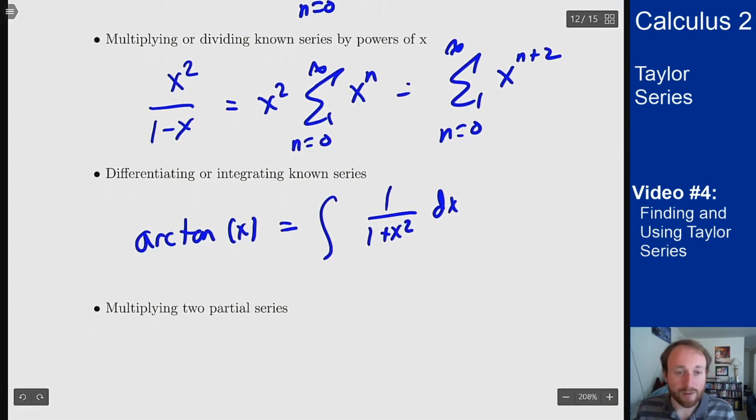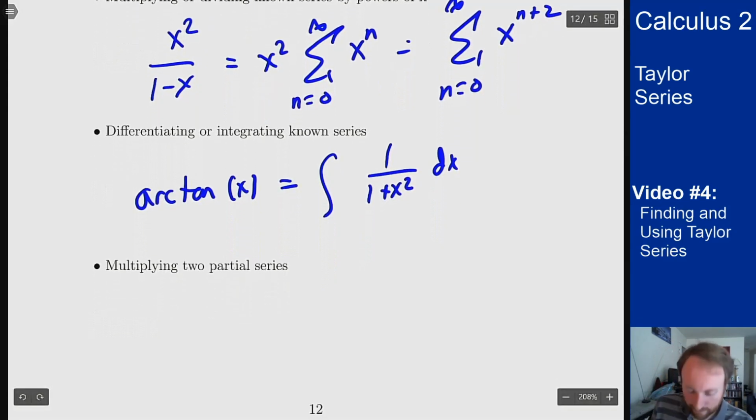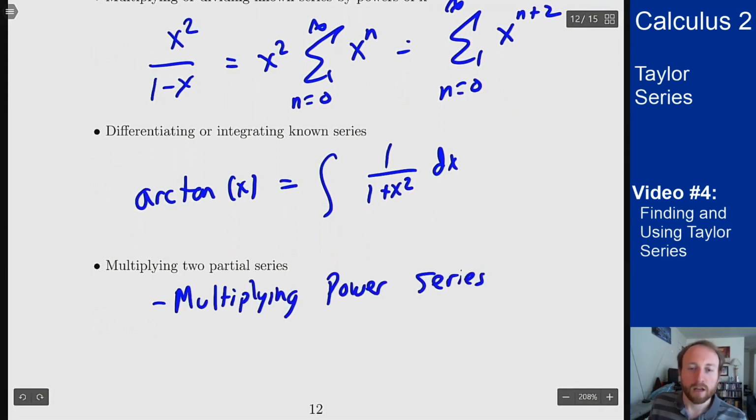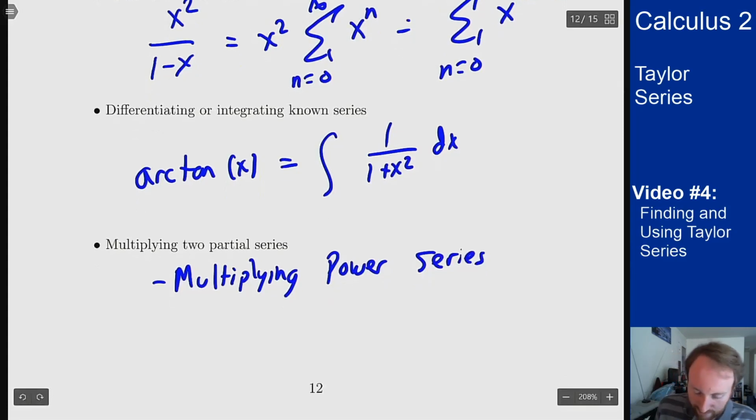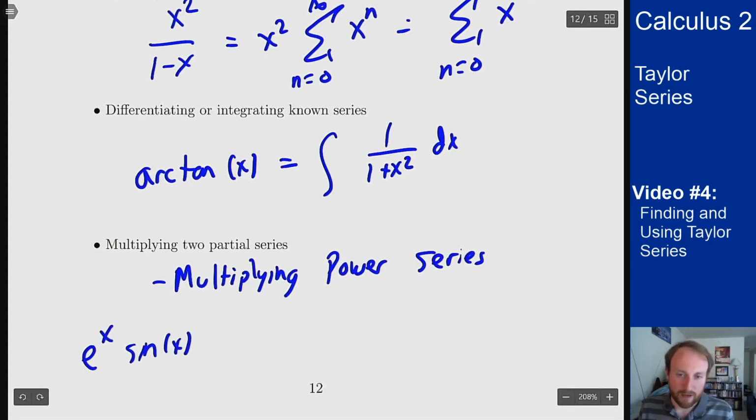We can also get series by multiplying two partial series. This is the idea of multiplying power series from before, but for instance, you can get the first couple terms of the series for e to the x times sine of x by multiplying them out. You're not going to be able to find the entire series this way because it's hard and complicated, but you could write out the first couple terms and see what you get.